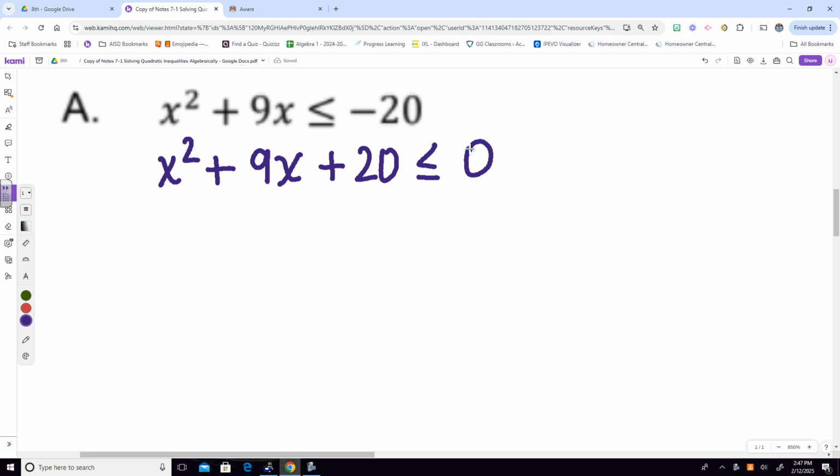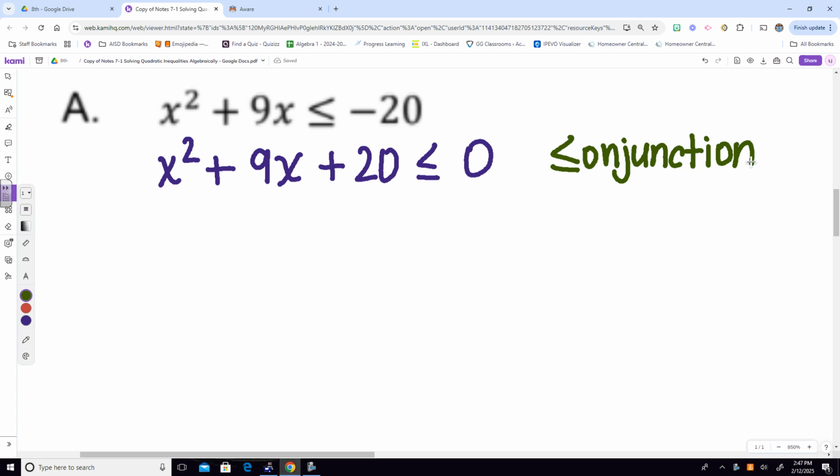Okay. So now that it's in standard form, look at it and decide, okay, am I going to have a conjunction or a disjunction? Conjunction. Everything is going to be connected. Very good. Okay. Some of you just care that it's a conjunction. You're good to go. Some of you are wondering why.